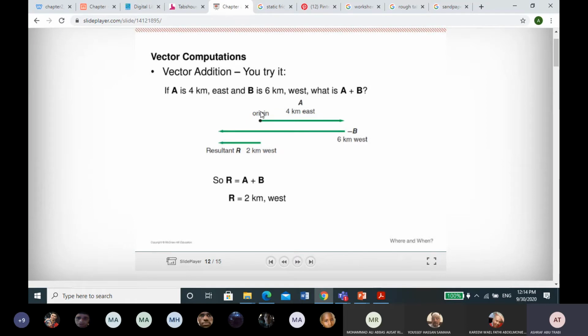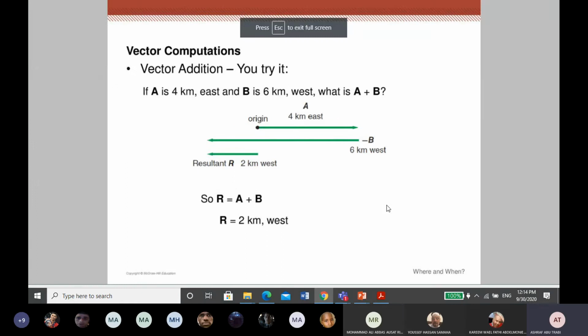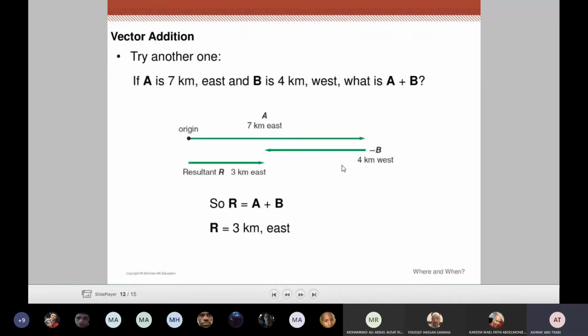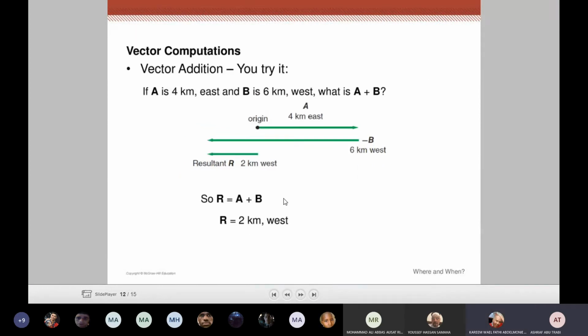Suppose one of you takes a walk for 4 kilometers to the east. They reach this point. Then they return back. Okay, this is the example.